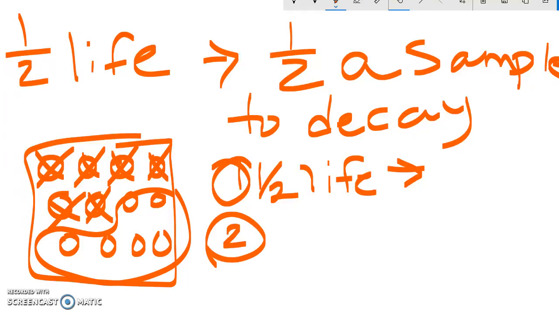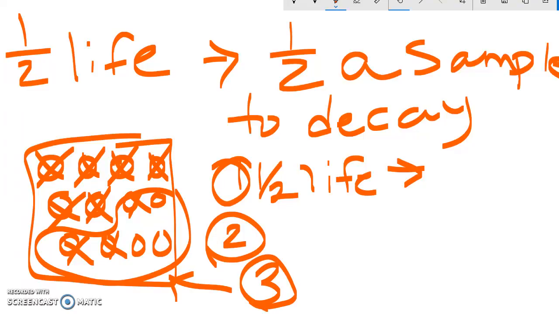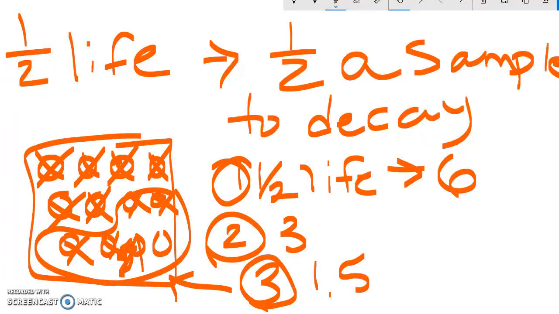After the second half-life, you would have half of the remaining sample. So that would give you 3. Okay, and so you would have 3 left. So that's after the second half-life. After the third half-life, you would have 6 after the first, 3 after the second, and then half of 3, so you'd have 1.5 left, okay?